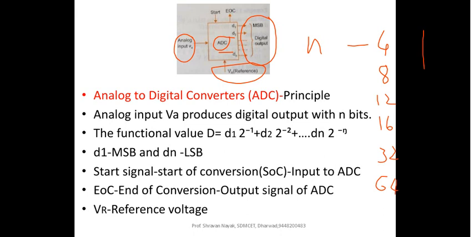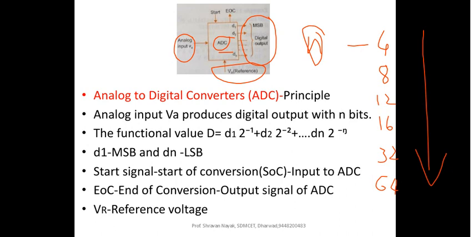As you increase the number of output bits, your analog to digital converter has higher and higher resolution. That is the meaning of having a higher bit analog to digital converter, of course at the cost of complicated hardware.